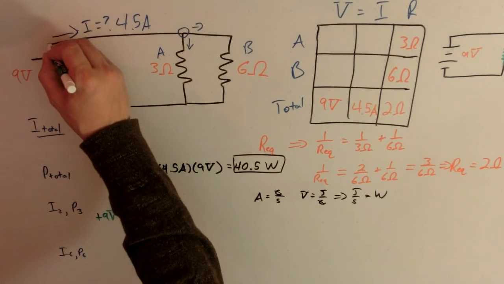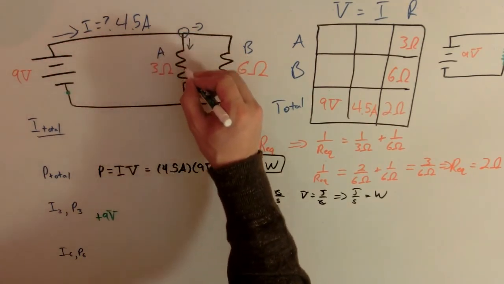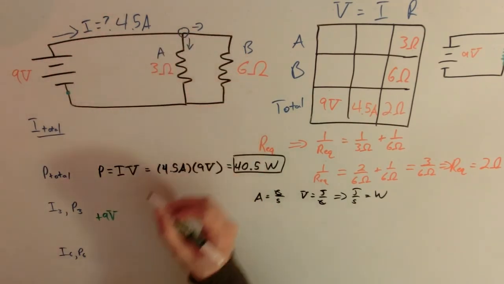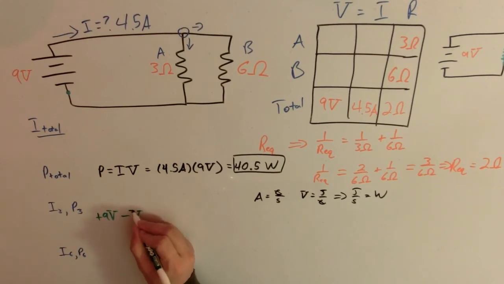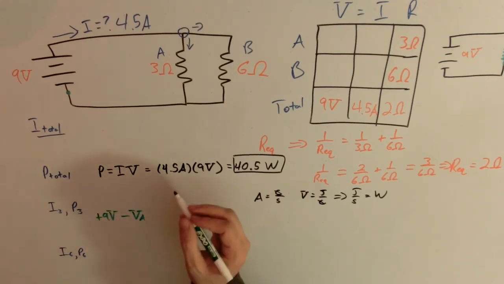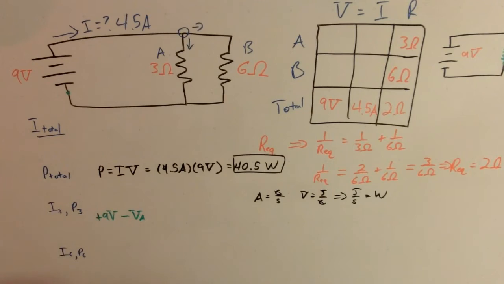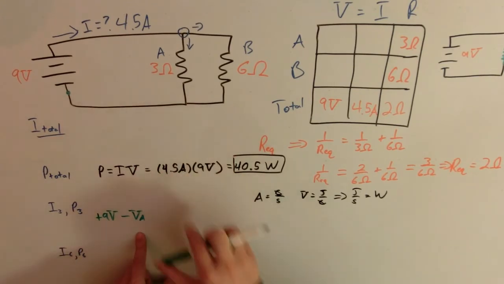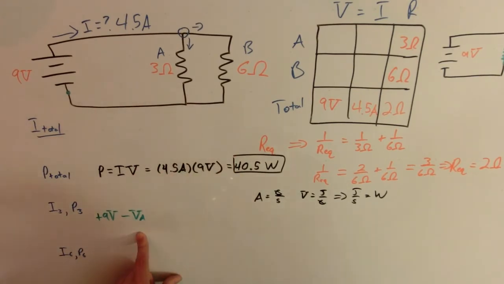Then I'm going to come along here and go down through resistor A. I'm going to drop by whatever the voltage across A is, because whenever we go over a component like a resistor, it takes energy out. The battery gives us energy, that's why it's a positive voltage, and the resistor uses that energy, puts it into heat, light, that sort of thing. But it's going to take that energy out, and so that's why it's a negative.